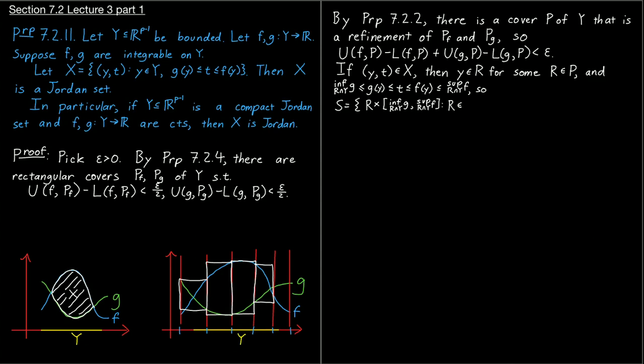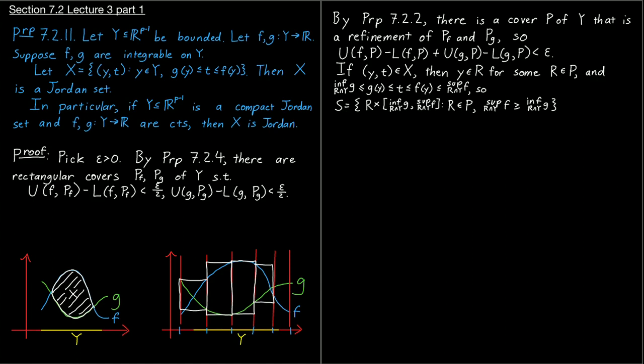This is over all rectangles R in P, such that the supremum of F is at least as big as the infimum of G. And I get to do that because I don't want to talk about what I mean by a rectangle where the top is below the bottom.